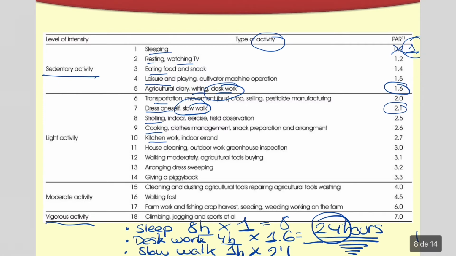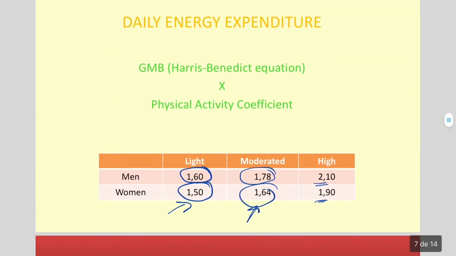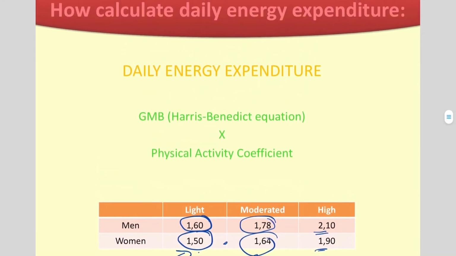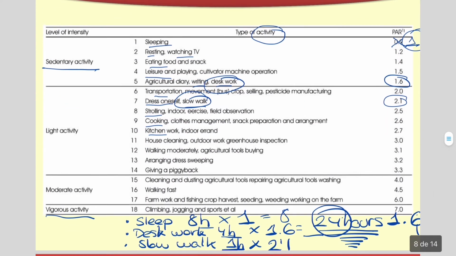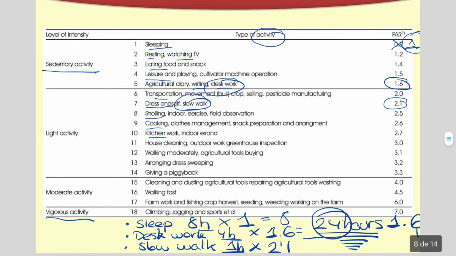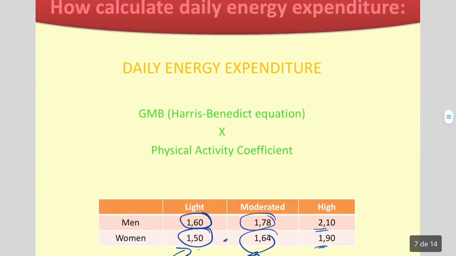For example, 1.6. If we go to the previous slide, 1.6, I would be more or less here, between light and moderate activity. So we have 2 options to start the exercise to calculate the physical activity. That will be calculating exactly the calories you consume per day, or using an approximation with these standard values.